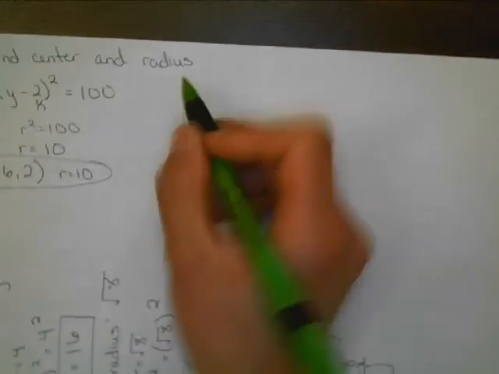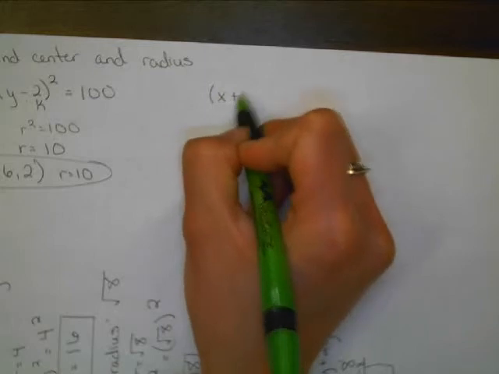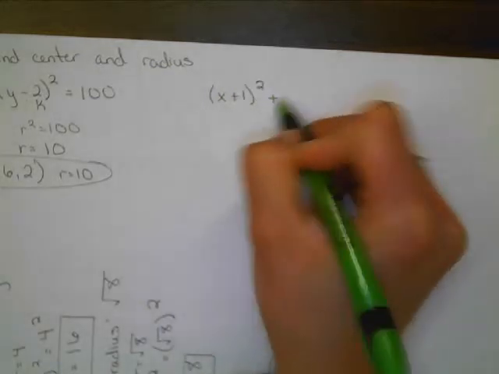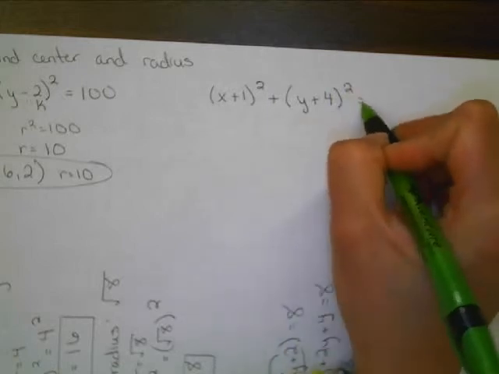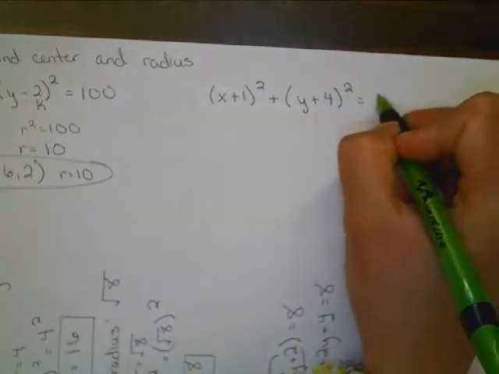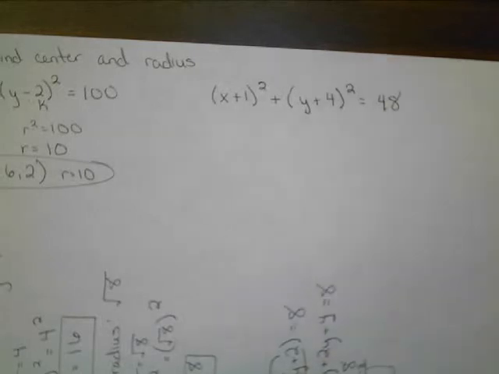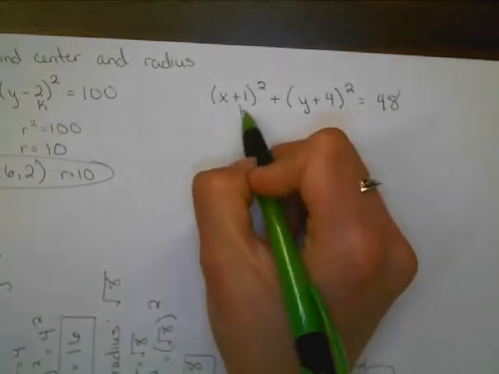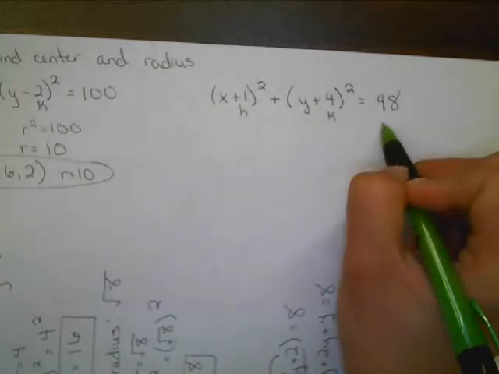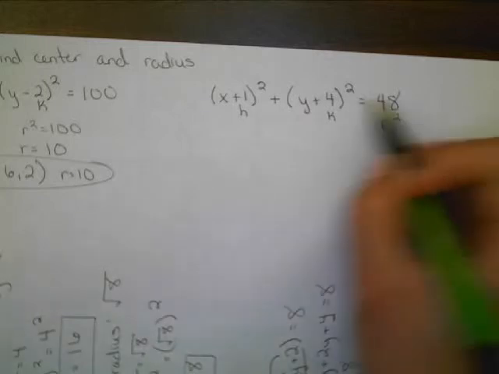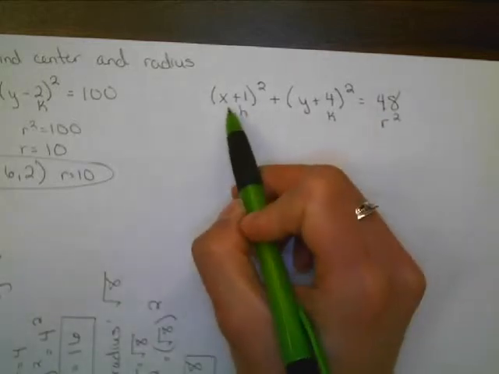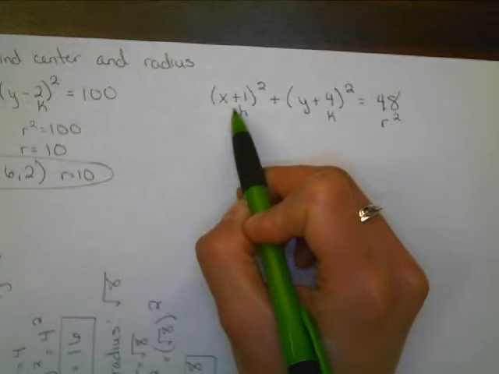We'll do one more. Let's say we have (x + 1)^2 + (y + 4)^2 = 48. So once again, this is what h should be, that's what k should be, and this is r squared. So 48 is r squared. So again, our standard form is x minus h.